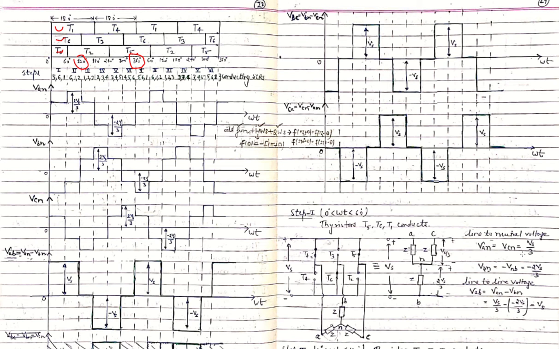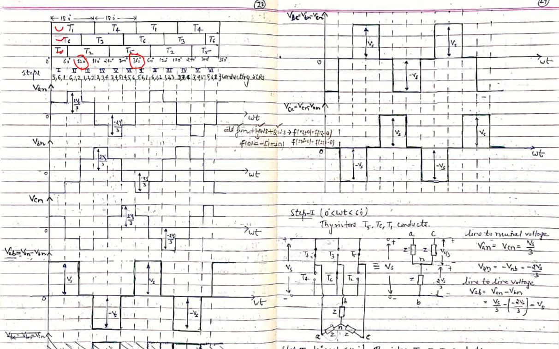So Van equals Vcn equals Vs by 3, but for Vbn, the neutral point is at higher potential with respect to the B phase, and B will be connected to negative. So Vnb equals plus 2 Vs by 3, but we have to find Vbn. How do we find Vbn? Simply we apply the negative to this 2 Vs by 3.